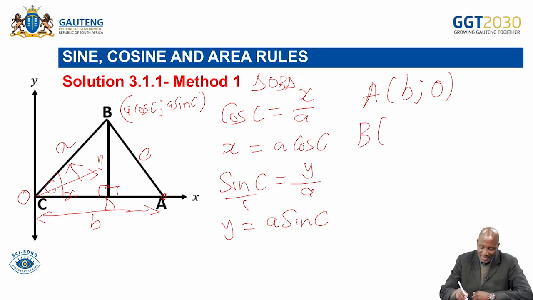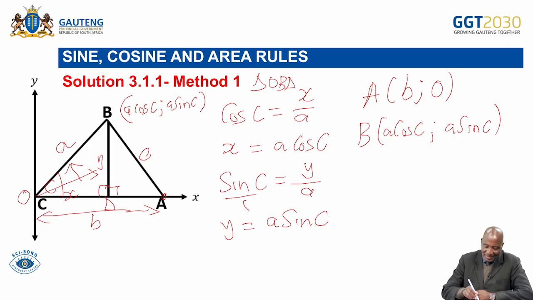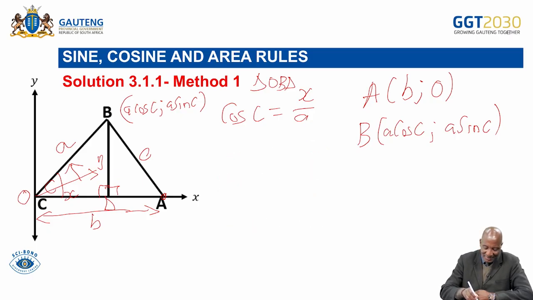Our coordinates of B is A cos of C and then A sine of C. And that is our line AB. How long is our line AB? Having found those coordinates, let's find the length of AB.